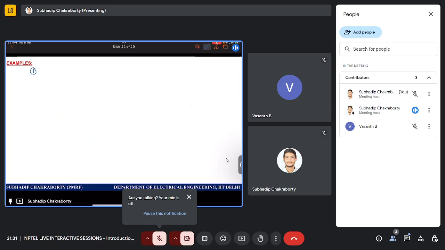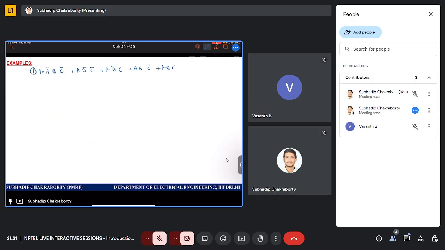Okay, so example 1, maybe I can write y as a bar b c bar plus a b bar c bar plus a b bar c plus a b c bar plus a b c. Try to reduce this. So you group the common terms.